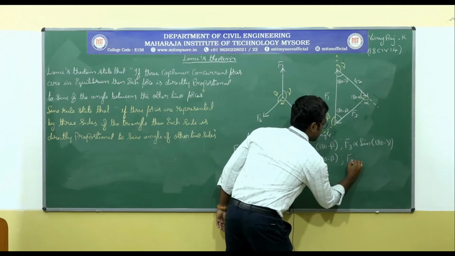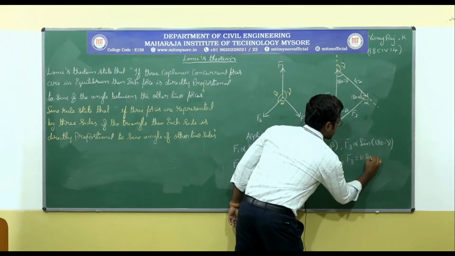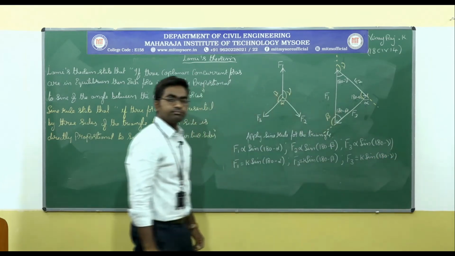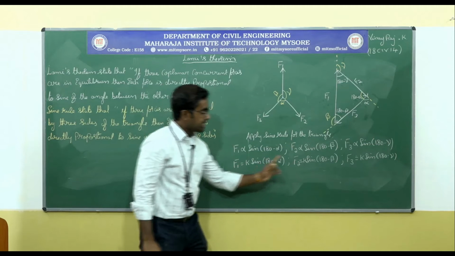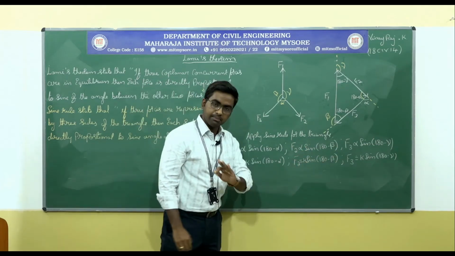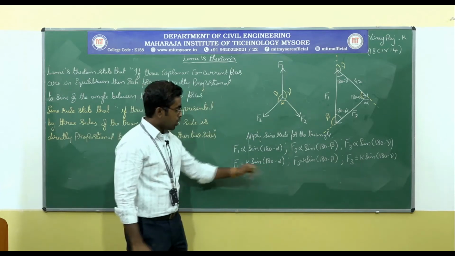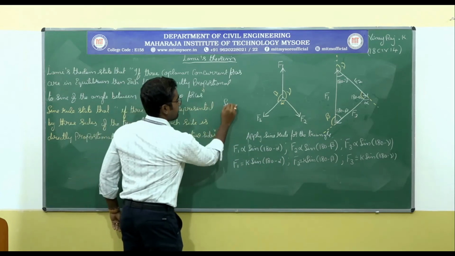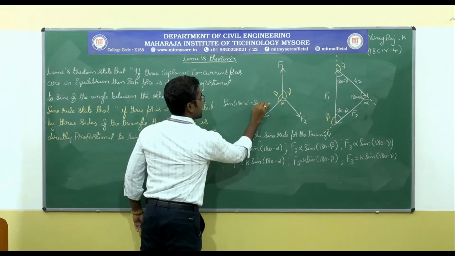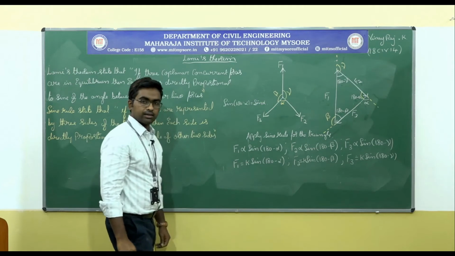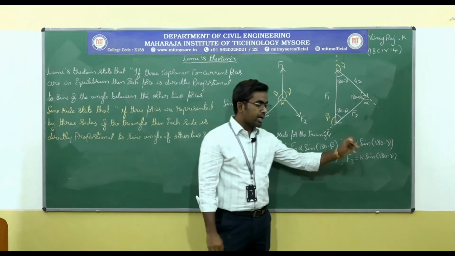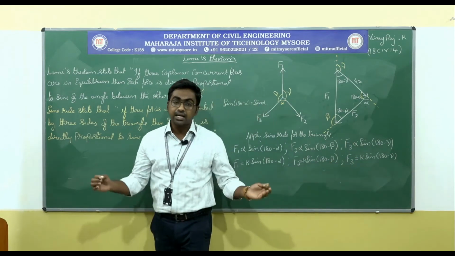Next, F3 is equal to k times sine of 180 minus gamma. Now, equating these three equations, the constant k will be cancelled, and we know that sine of 180 minus alpha will be equal to sine alpha. We know that, right? Sine of 180 minus beta is sine beta. Sine of 180 minus gamma is sine gamma.